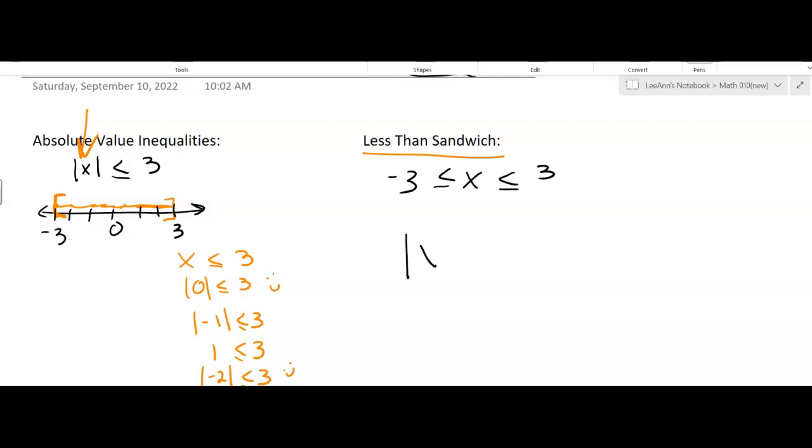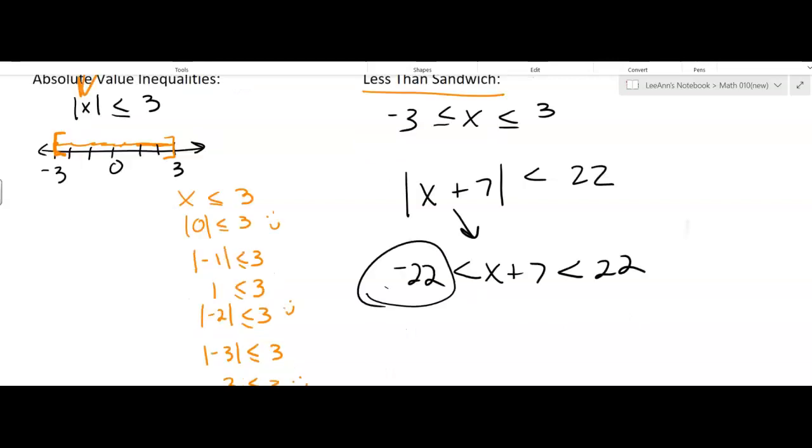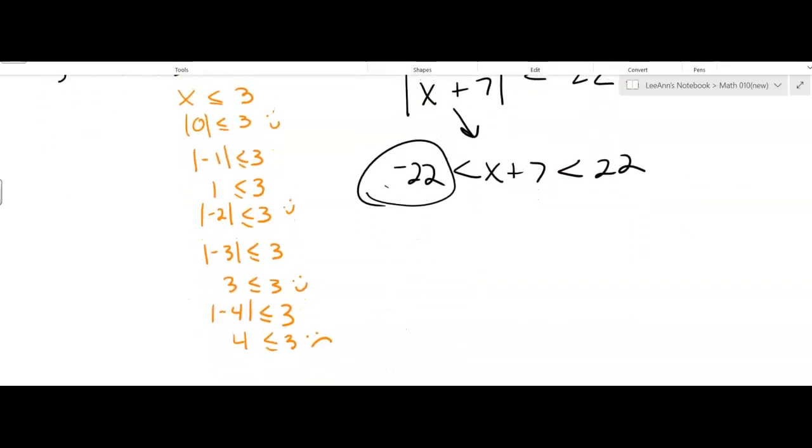So if I have something like the absolute value of x plus 7 is less than 22, then I take the absolute value part, x plus 7, that's the meat of the sandwich, and then I sandwich it between the positive case and the negative case. The negative case will have to be on the left because it's smaller, okay? So I call that a less than sandwich. We're using less than symbols. Okay. That's my explanation. That's how I do it.